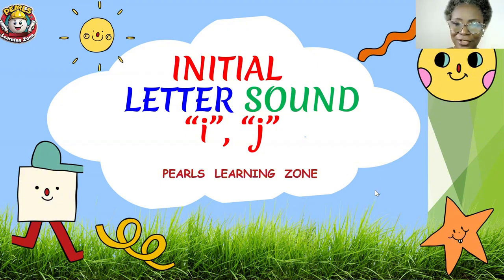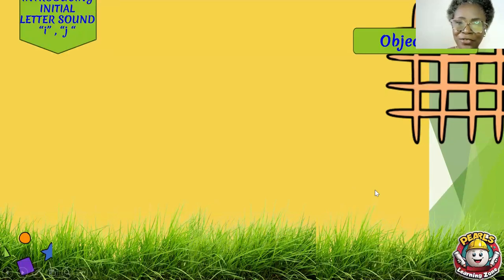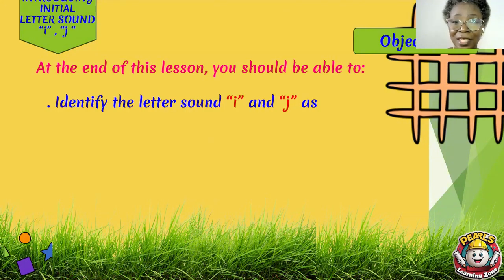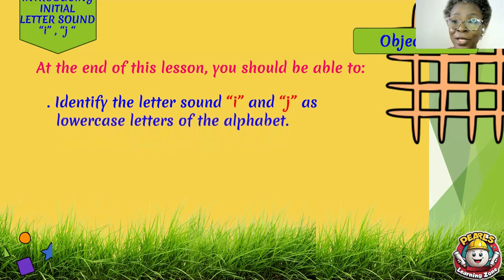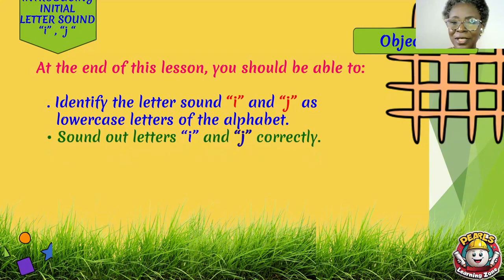So quickly, let's just go straight to objectives for the day. At the end of today's lesson, you should be able to identify the letter sound E and J as lowercase letters of the alphabet. You should also be able to sound out letters E and J correctly.